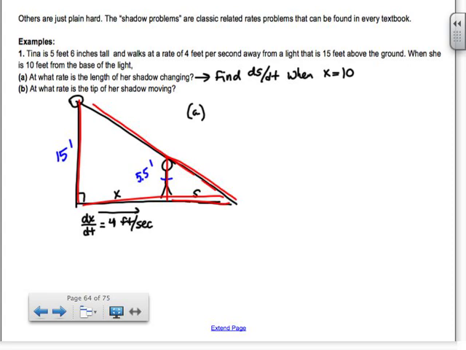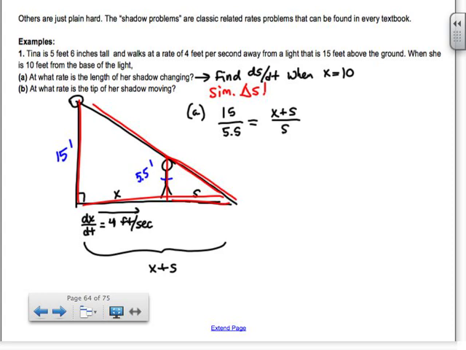Okay, so this is also similar triangles. So here's my one triangle, here's my larger triangle. So when I set it up, I'm going to have 15 over 5.5, so those are the heights, equals this whole distance is x plus s over s.